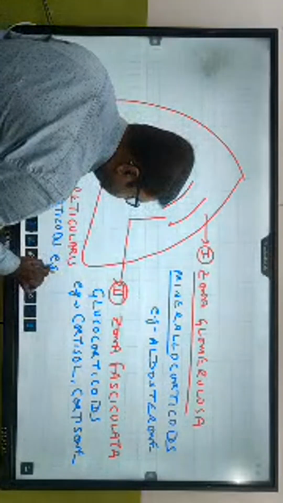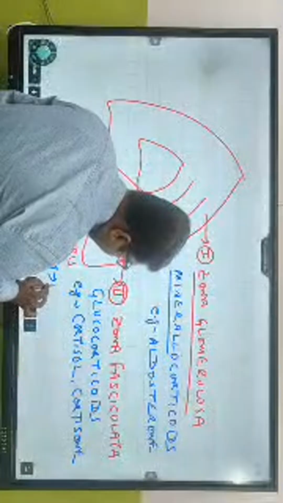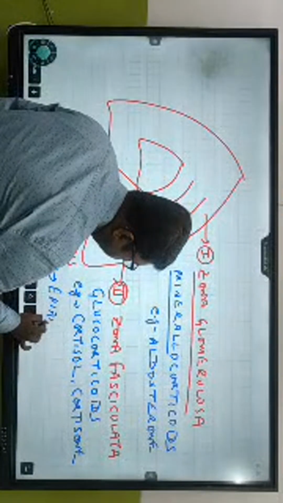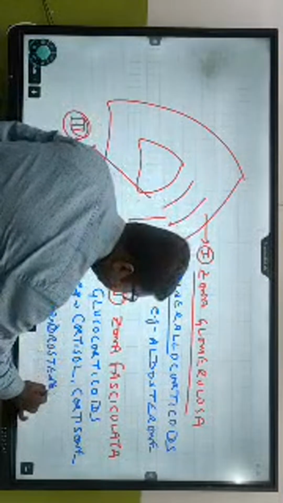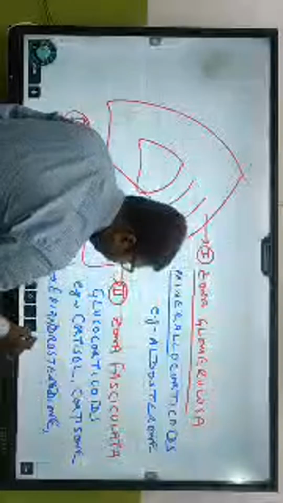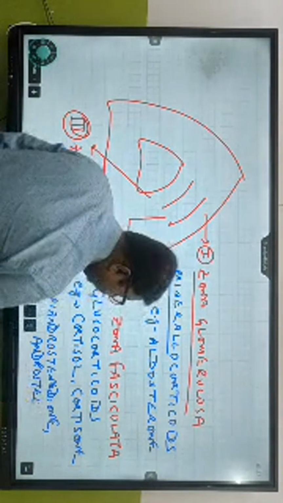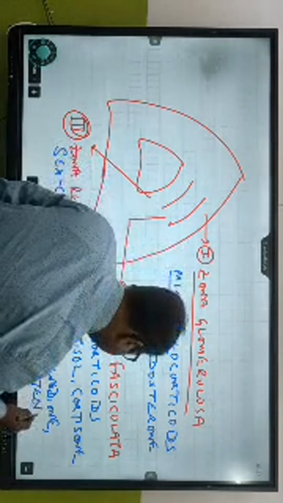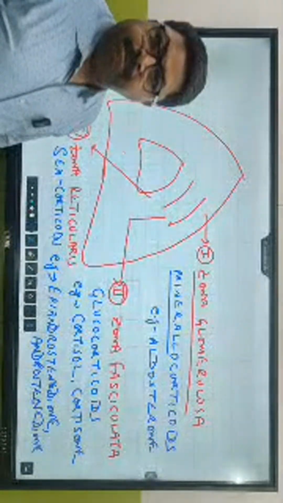And the example of the sex corticoids can be estrogen, progesterone, or androstenedione. It's a sex corticoid. Androstenedione is an example of sex corticoids.